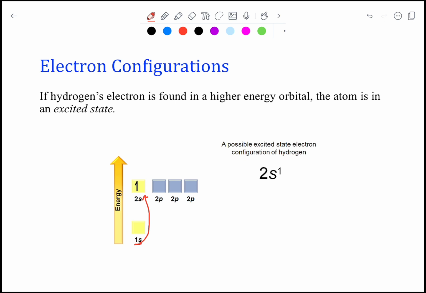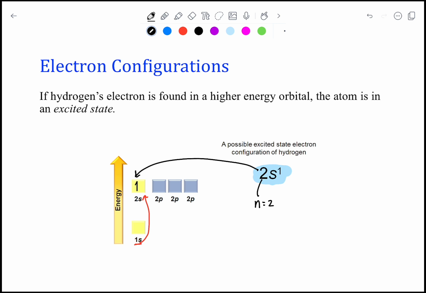If we move this electron to a higher energy level, to an excited state, our electron configuration is going to change because our energy level has changed. So now instead of 1s1, we're now 2s1. Our n value is now equal to 2, which corresponds to where it went. It's still in an s orbital and there's still only 1 electron. We just changed energy levels.